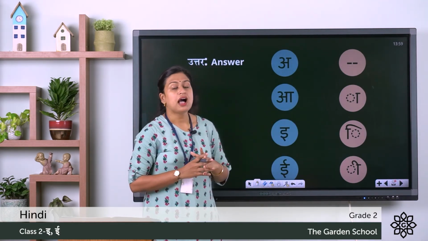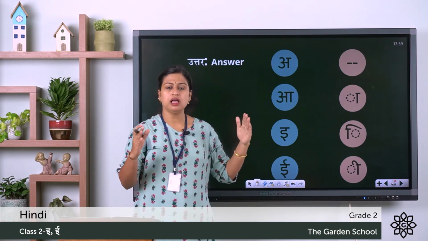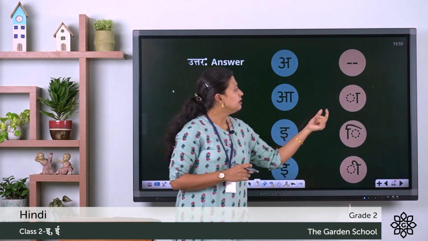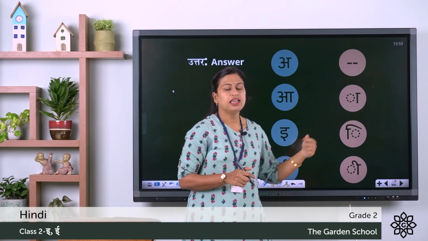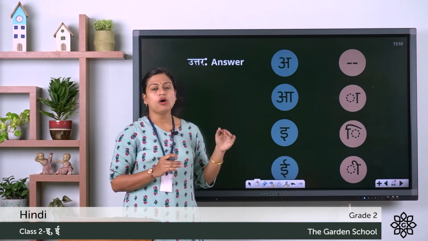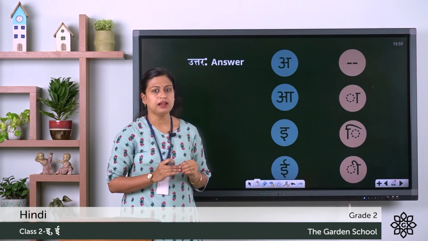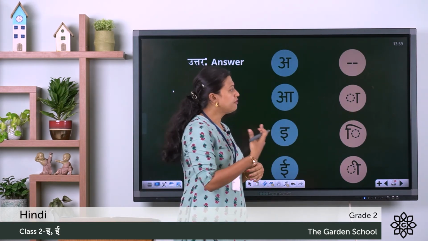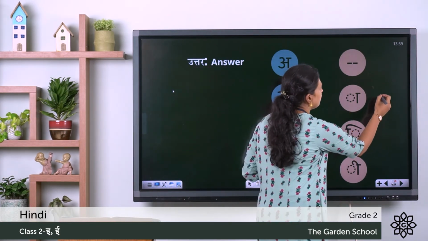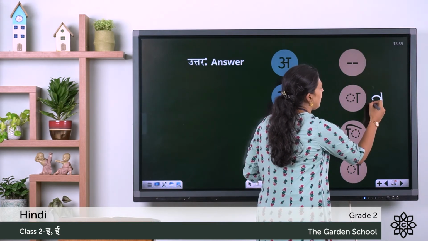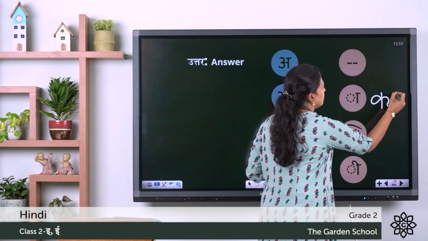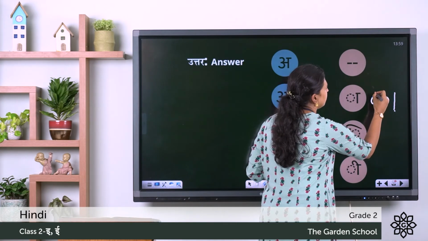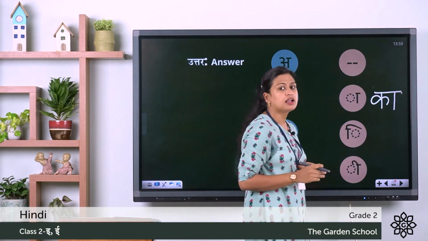Second one, it's Aa, the one with the longer sound, and the symbol for Aa is a standing line, and on the top a short sleeping line, and this Swarakshar comes after the Vyanjanakshar. For example, Ka is the Vyanjanakshar and this is the symbol for Aa, and we say Kaa.